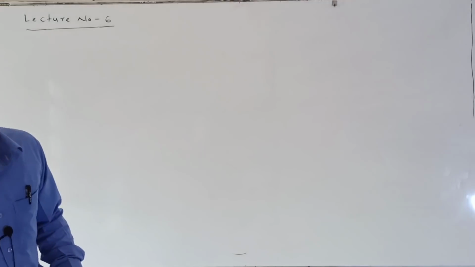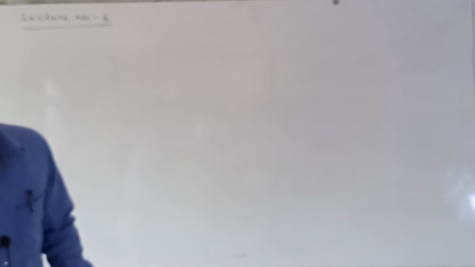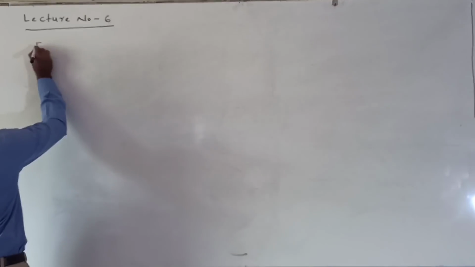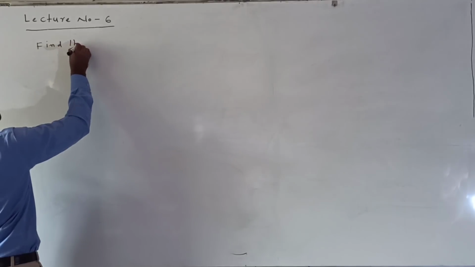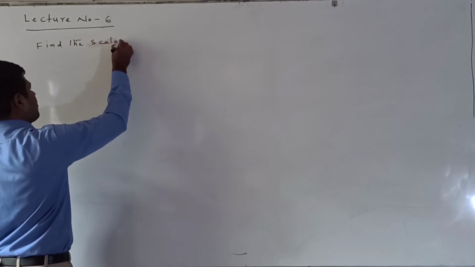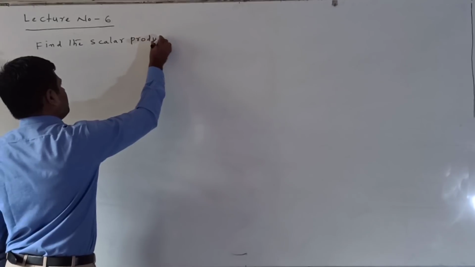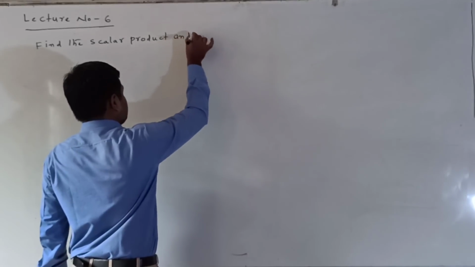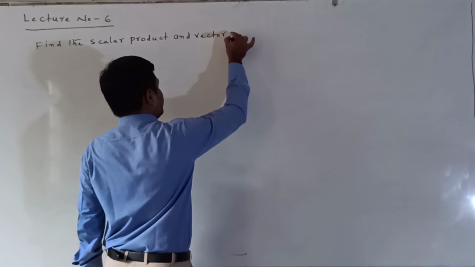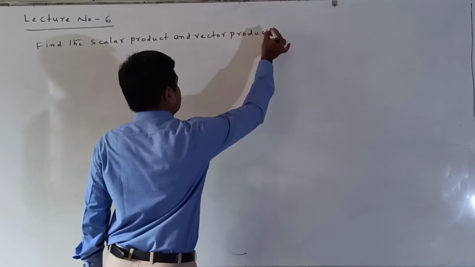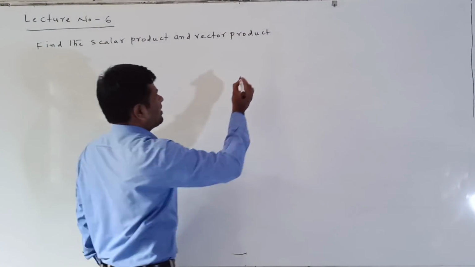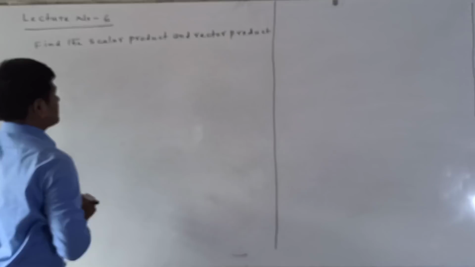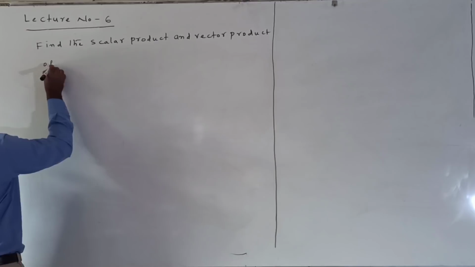Okay, next we will see one problem. Find the scalar product and vector product of two vectors.